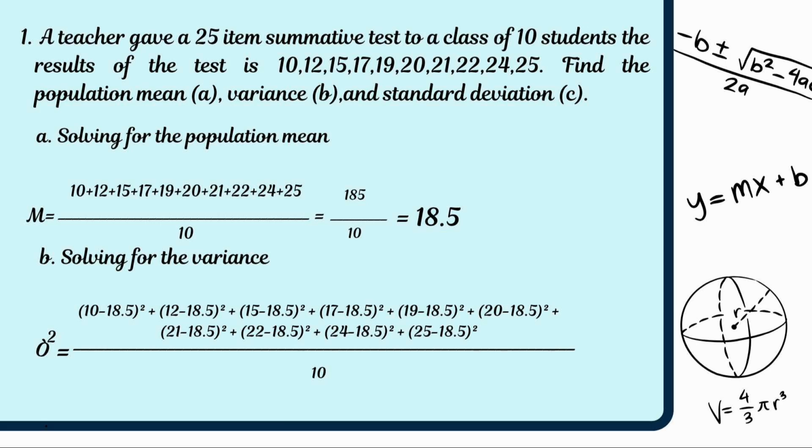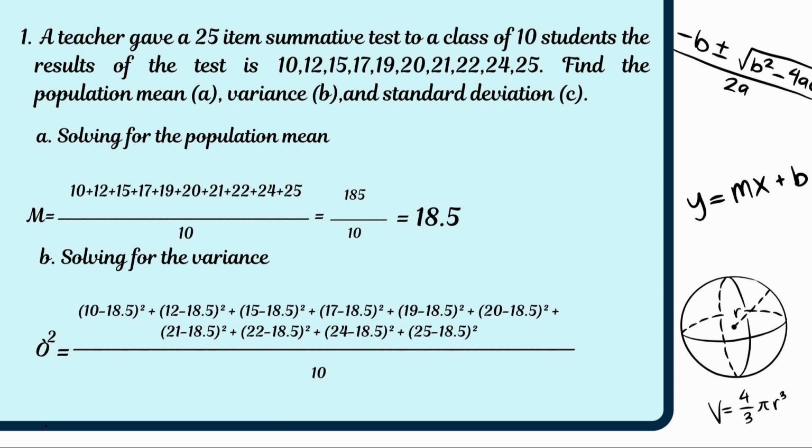Next, let's determine the variance, which measures how much the values deviate from the mean. The formula for the variance is sigma squared equals the sum of x minus mu squared divided by n, where x represents each individual value, mu is the mean, and n is the total number of values. To calculate variance, we subtract the mean from each value, square the result, and sum everything.